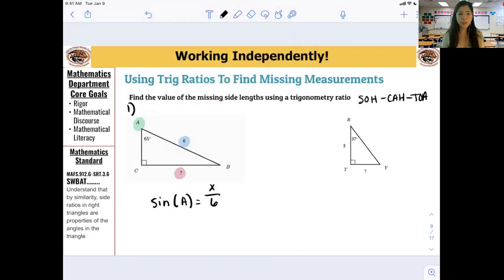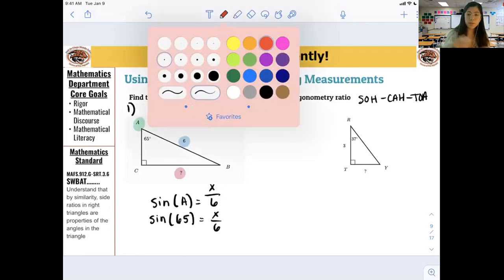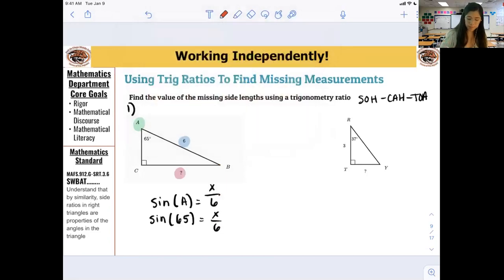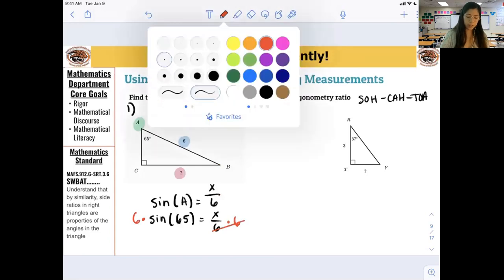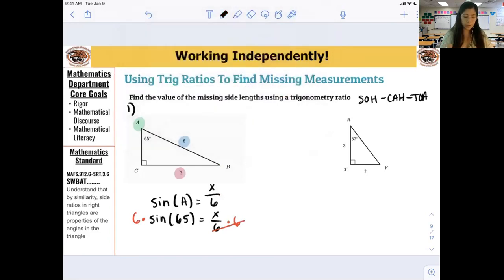Okay, I see most of you finished number 1, so I'm going to quickly go over it. Sine of 65 equals x over 6. So I multiply both sides by 6. Now, when you get your answer on your calculator, make sure you're rounding correctly. The sine of 65, I get 0.9063, something really long, times 6, I get 5.4378.